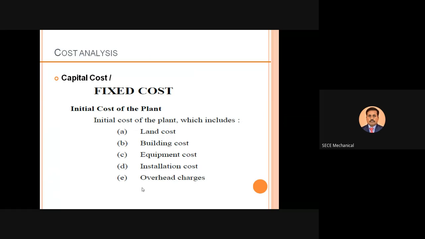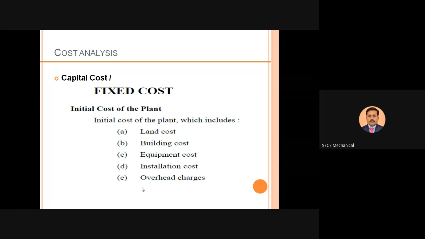Next, we are going to discuss cost analysis. There are so many costs we expend in power plant operation, and based upon the cost involved, we categorize them. Normally you know very well there are fixed cost and variable cost, but here one more cost is very important, that is capital cost.